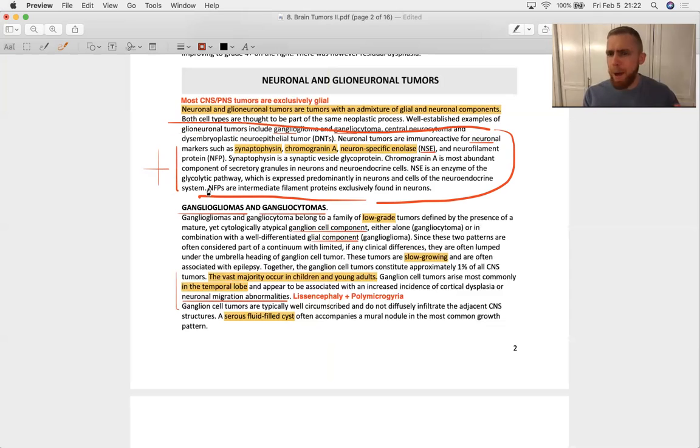And this will pop up again in the kidneys, because you'll see that the adrenal glands of the kidneys, well, those are just neurons, essentially. Those are sympathetic ganglia. And so any adrenal tumor of the adrenal medulla, if that starts growing, then that's of neuroectodermal origin. So it'll stain with the same stuff.